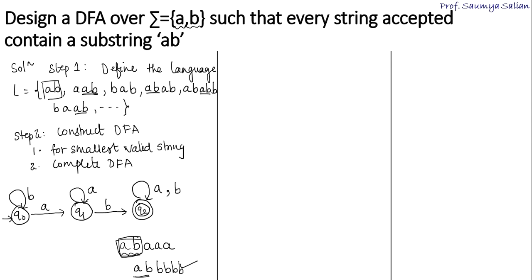Multiple B's and my string is still valid because to reach Q2, I have this transition A and B, right? So this is how we construct the DFA for the given question, that is containing a substring AB. That is, AB has to be present in the string. It can be anywhere, that is, it can be at the end, it can be at the beginning or in between, right?